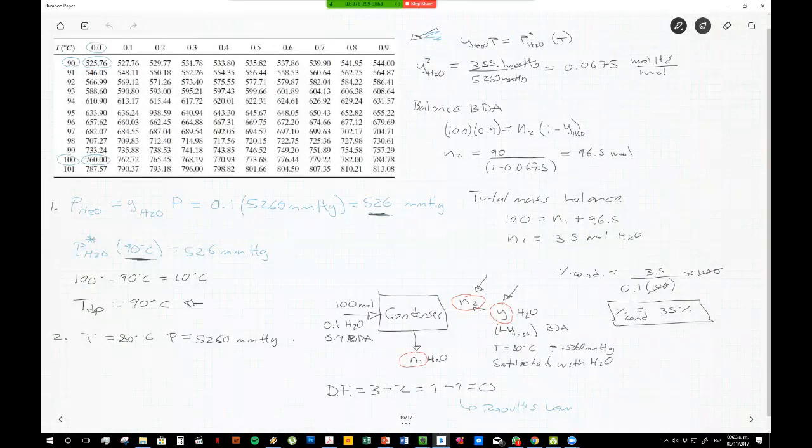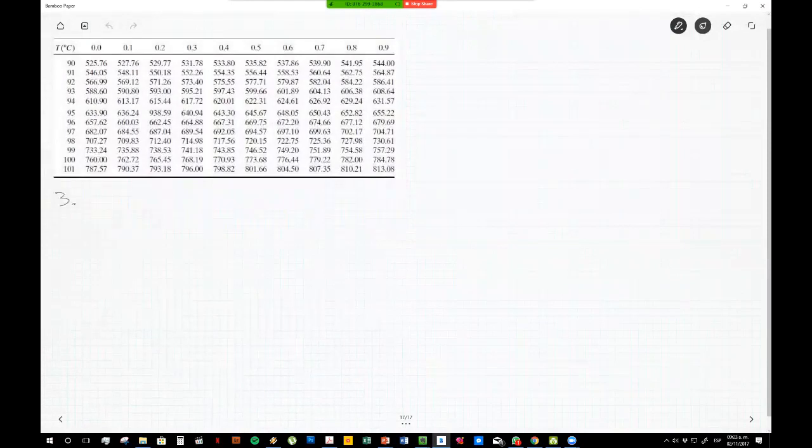Okay, so we know at the beginning of this problem, at 100 degrees and a pressure of 1,250 millimeters of mercury, we knew that this system was superheated, right?